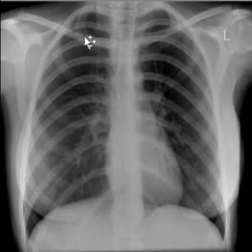Count again: first anterior rib, second anterior rib, third, fourth, fifth here, and sixth anterior rib, and it should match to the 9th or 10th posterior rib. So this is the first posterior rib, second posterior rib, third, fourth, fifth, sixth, seventh, eighth, and the 9th posterior rib is fully visible.